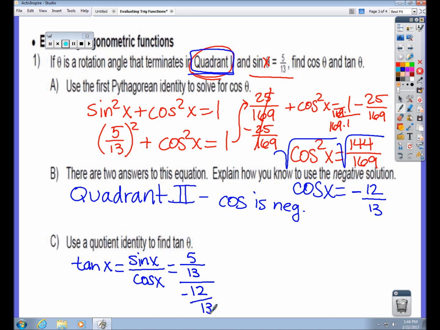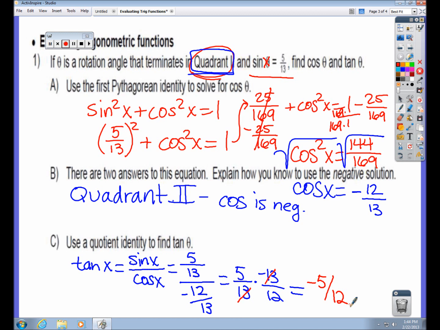Now remember, when you're dividing fractions, the first one stays the same, but you have to flip the second fraction. So that would make it negative 13 over 12. You can put the negative top or bottom, it doesn't matter. When we do this, I can cancel the 13s because I've got one on the top and one on the bottom. So I'm going to end up with a negative 5 over 12 for tangent.